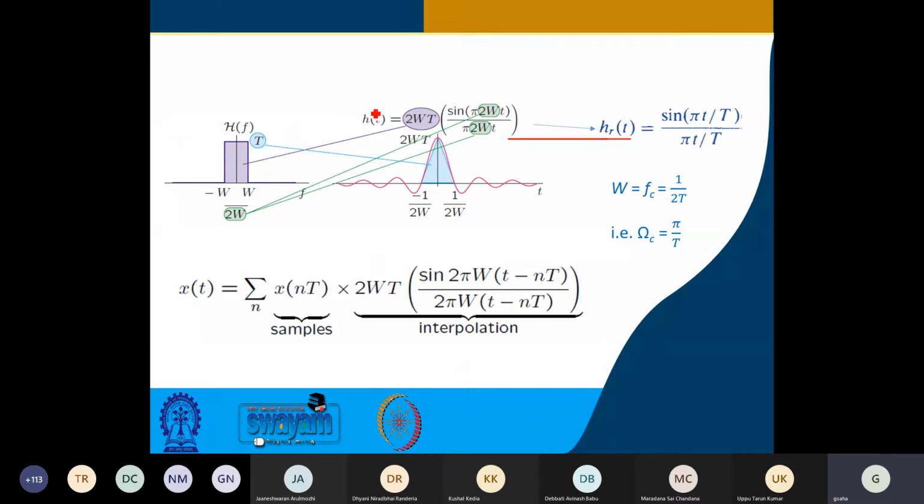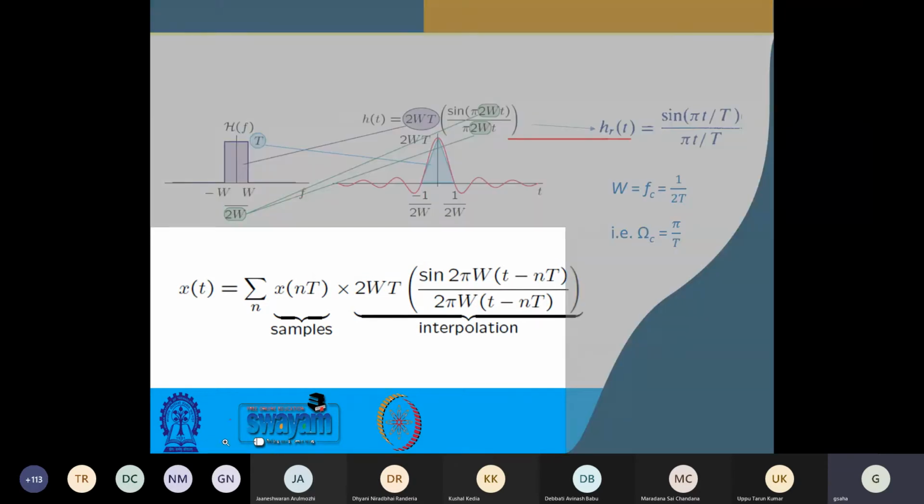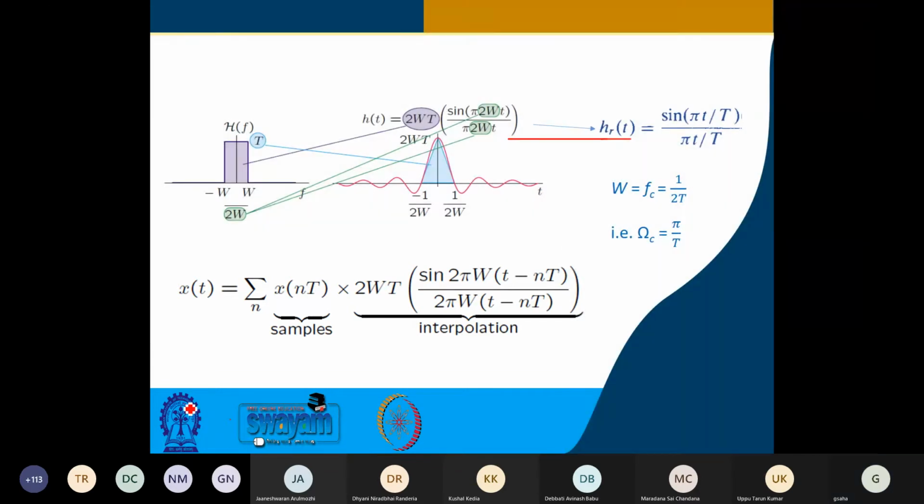If you take any signal where H(f) is like this, from minus W to plus W, the total width is 2W and its height magnitude is, say, capital T. Then if you perform the inverse DTFT, you will find it is this kind of function that you have already seen in many such cases, rectangular to sinc to rectangular conversion.